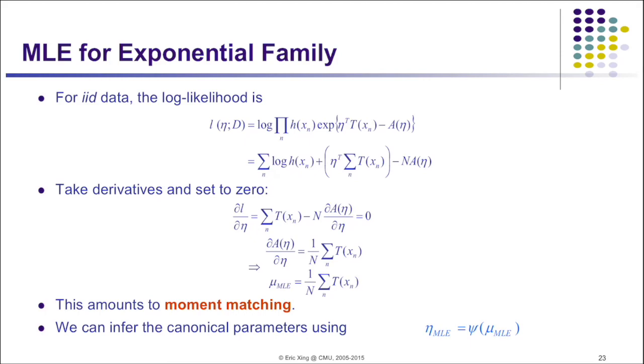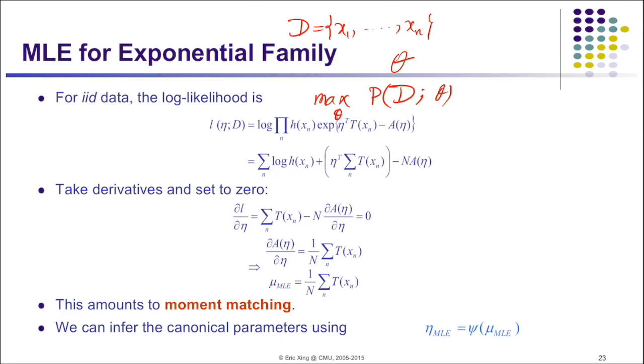You have the data, curly D, which is your x1 through xn, each of which is d-dimensional, whatever that is, and you want to estimate theta. One of the principles is: give me the theta that maximizes the probability of the data given those parameters.